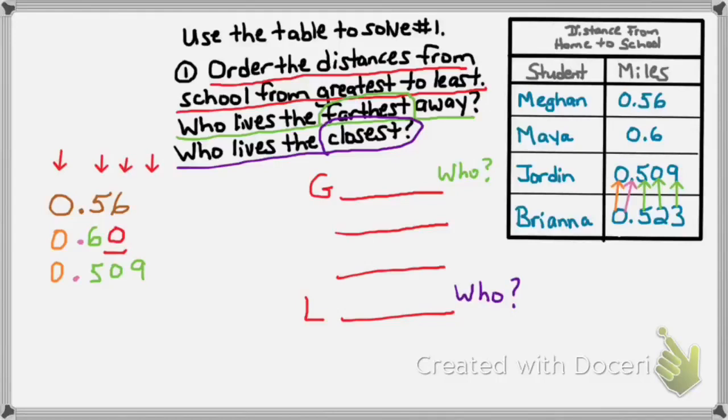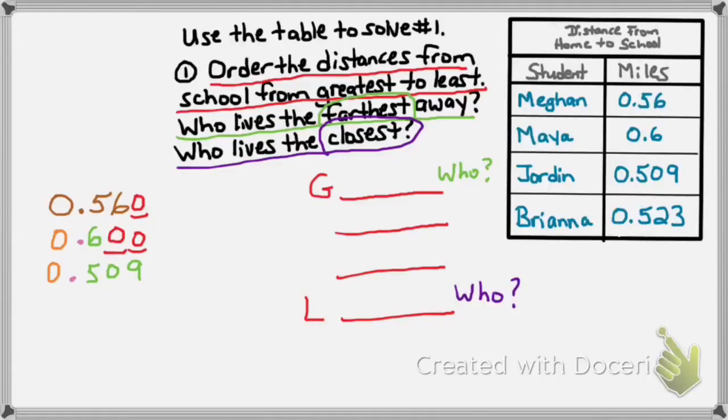But I do not have 3 digits here. So I need to fill in my place value 0 so that I have 3 digits on top of each other. So I'll put a place value 0, remember to underline it so I can remove it later. Now all of my columns have 3 digits. I can move on to Brianna's number next.